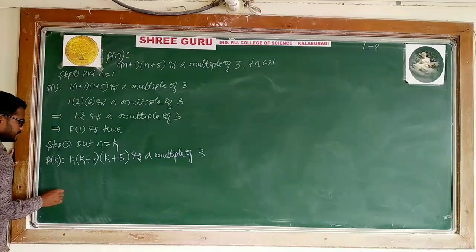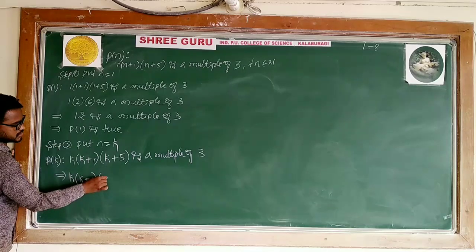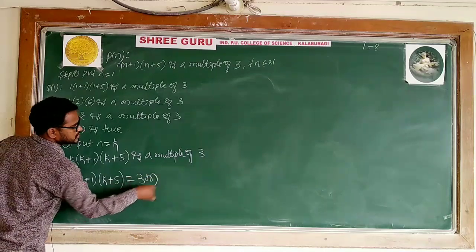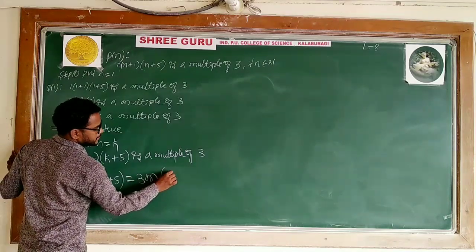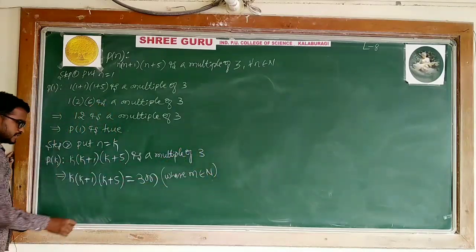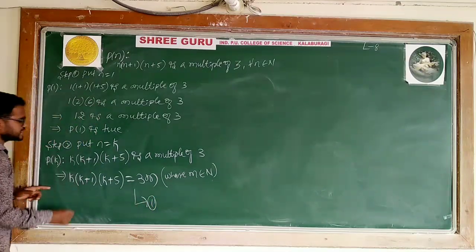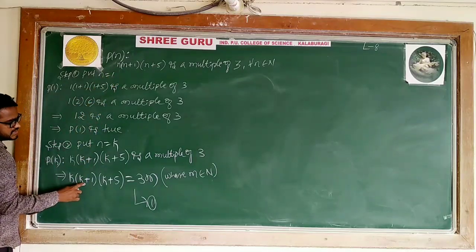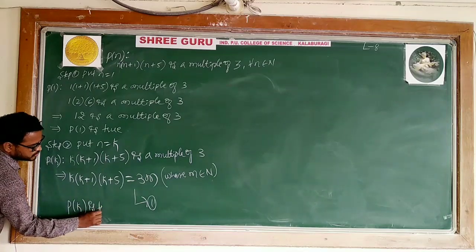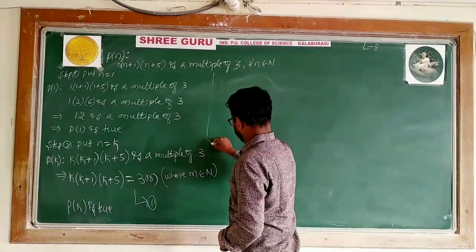This can be written mathematically as k into k plus 1 into k plus 5 is equal to 3 into m, where m is any natural number belonging to capital N. You call it equation 1. I will use this when I need it. So this is as it is in the second case, n is k. So I can say P of k is true. Now I need to prove that P of k plus 1 is true.